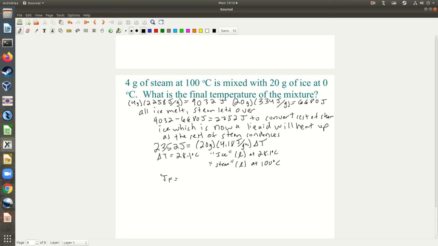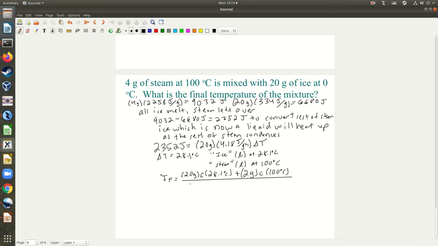So I take my first mass, liquid water, the ice that melted, the 20 grams, and I'll just put a C in here for reasons I'll show you in a second, and its initial temperature, which is 28.1 degrees Celsius, plus the second mass of 2 grams times C again, and then its initial temperature is 100 degrees Celsius. Drawing my little line I learned how to draw.